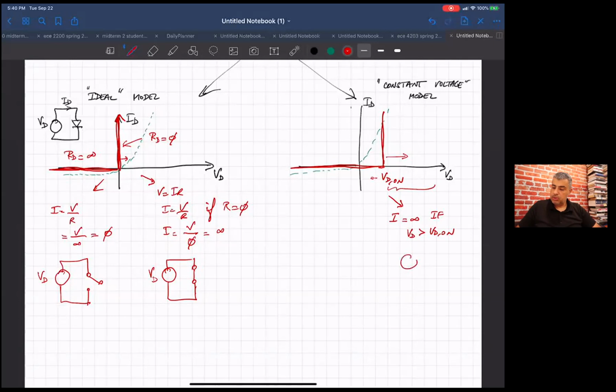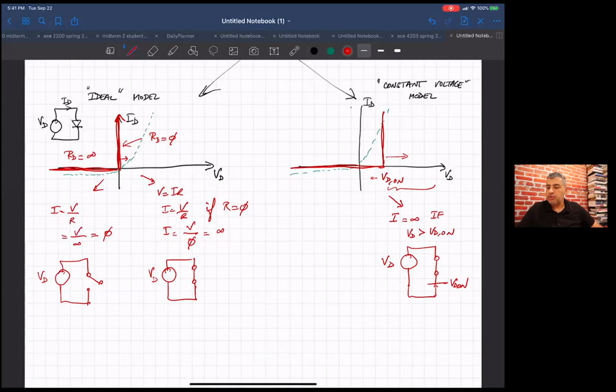And so it would look like we've got a voltage source driving another voltage source, or driving a battery with a voltage of VD on. Which is basically, if you actually do that in the lab, well, don't do it in the lab, they would just sort of peg each other.